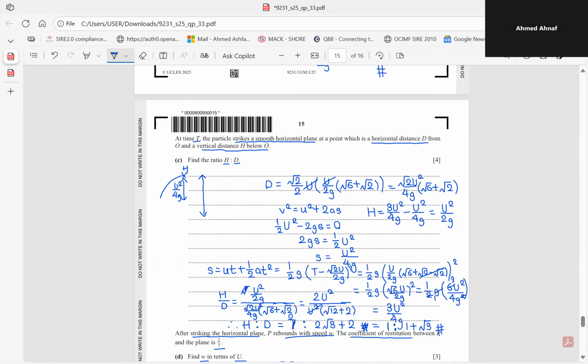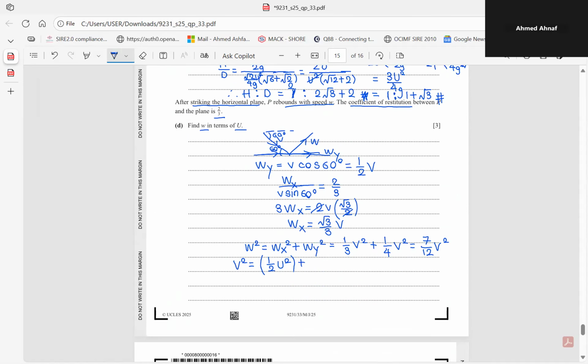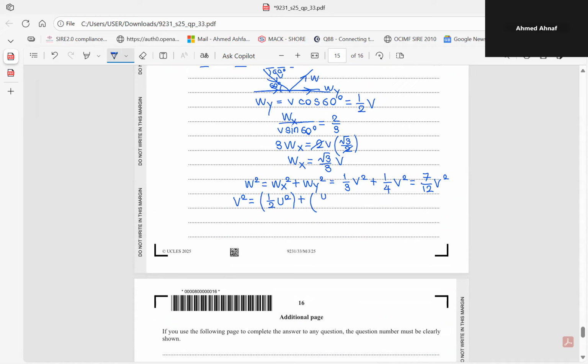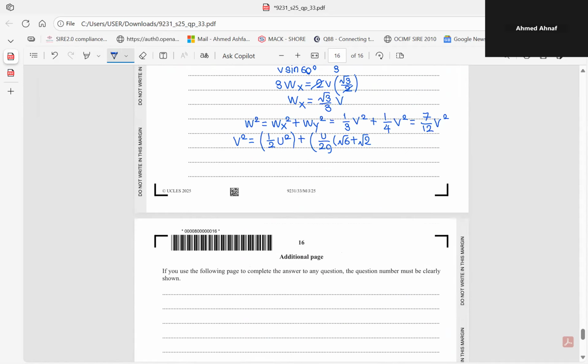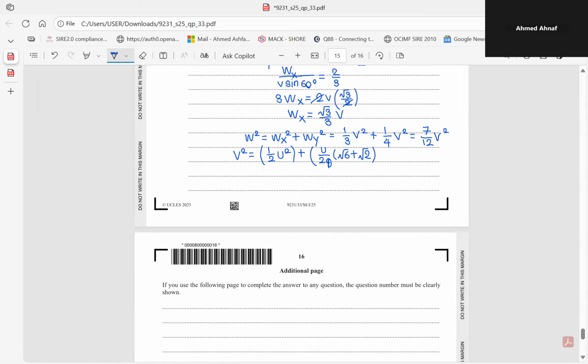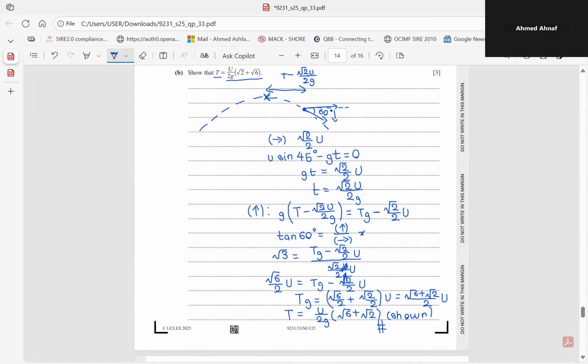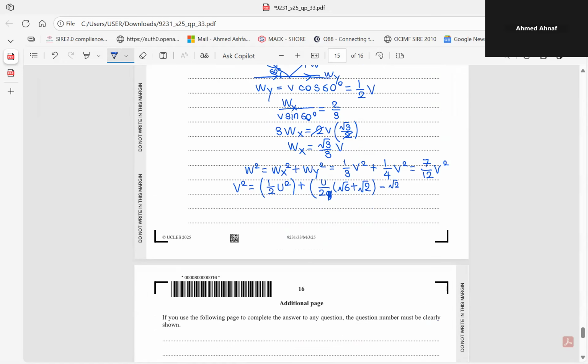So T is U over 2G times square root 6 plus square root 2, minus G. So the G cancels out, and then this is minus square root 2 over 2 U. Oh my God, U squared.